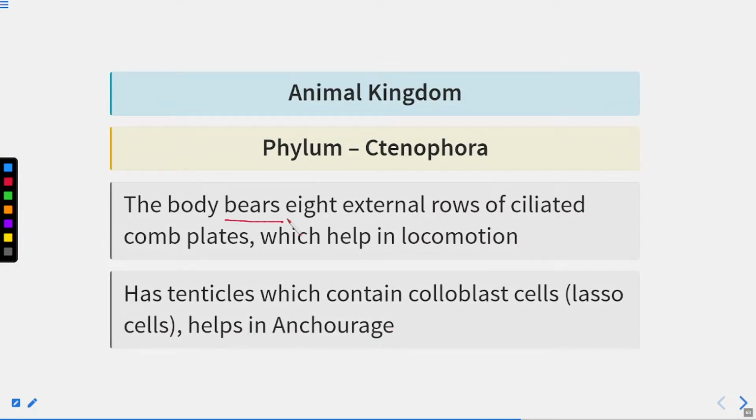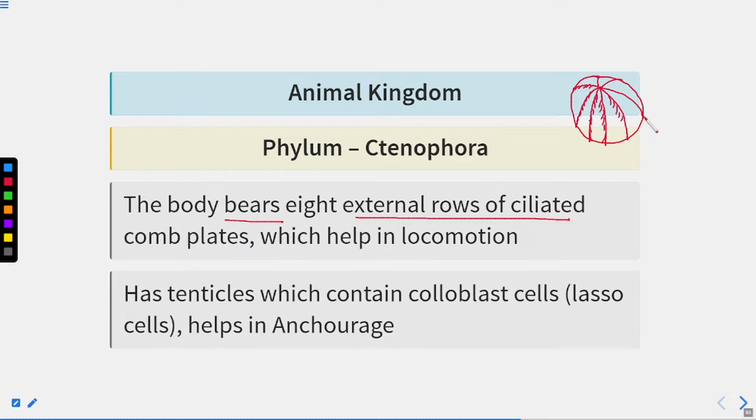The body bears 8 external rows of cilia. So if I draw a Ctenophora, they have rows like this: 1, 2, 3, 4, 5, 6, 7, and 8. They are not flagella, they are cilia, like this.